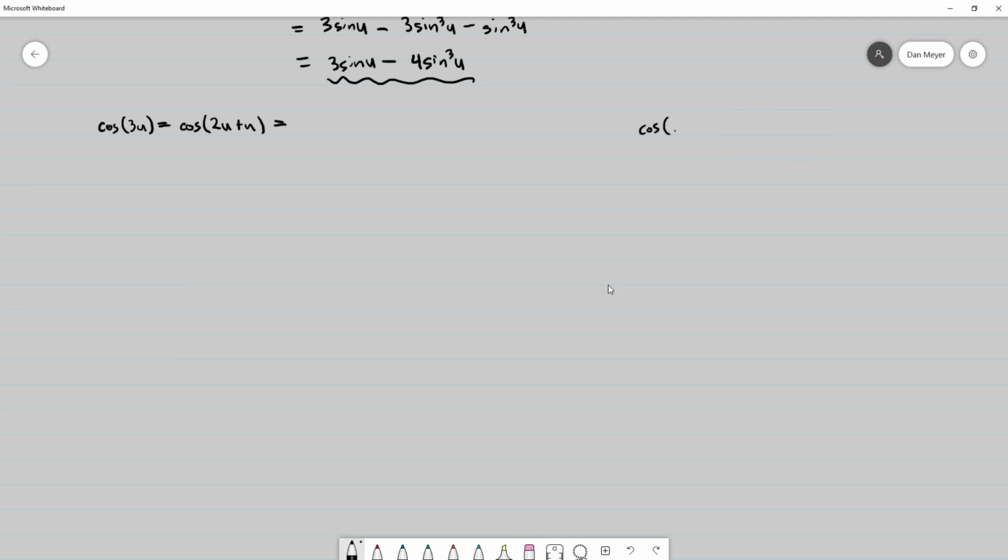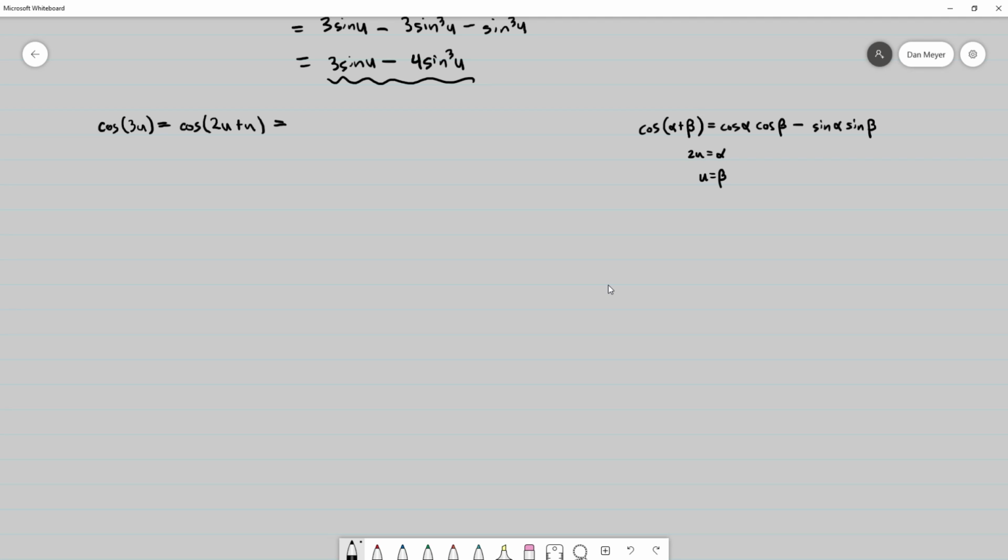Cosine of alpha plus beta is cosine alpha cosine beta minus sine alpha sine beta. So again, 2u is playing the role of alpha and u is playing the role of beta when we go to apply this here.